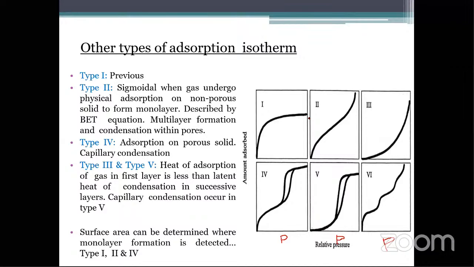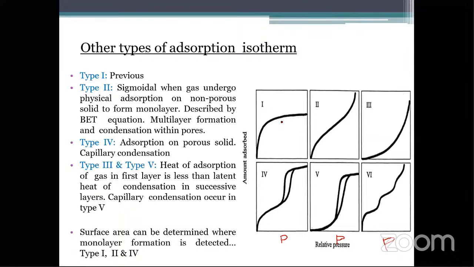So the same here also. If the solid surface and all the active sites present on the surface are completely saturated, then no more gas will adsorb on the solid surface. Because of that, you get this type of curve, a curvilinear plot.